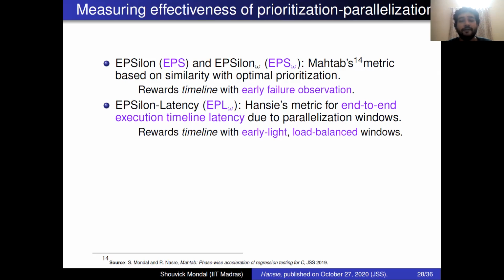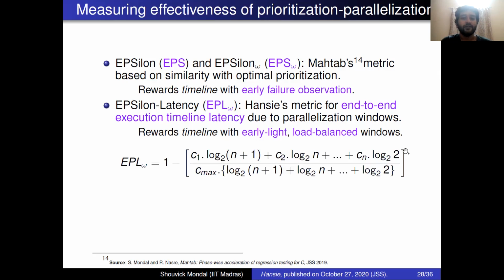There might be many parallel processes inside a window, many test cases executing in different processes, and all of them with different execution times. So the end-to-end window time will be dominated by the longest running test case, which is monopolizing that window. This metric is based on this formula.